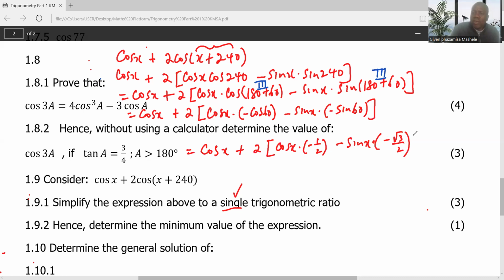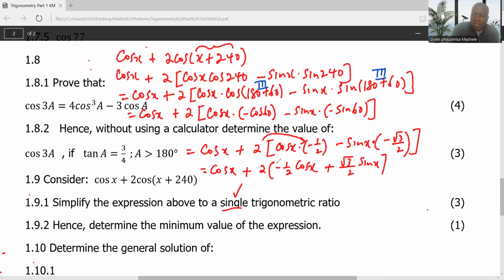Let me just do this to avoid confusion. So you're going to have minus half cos x, then plus root 3 over 2 sin x.